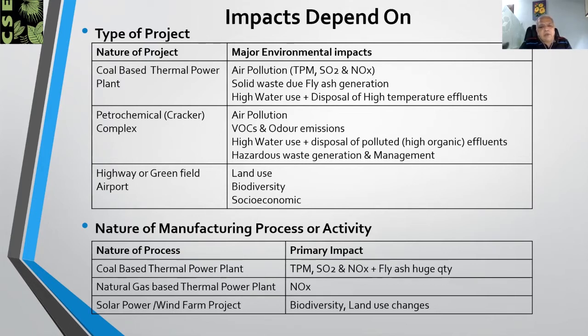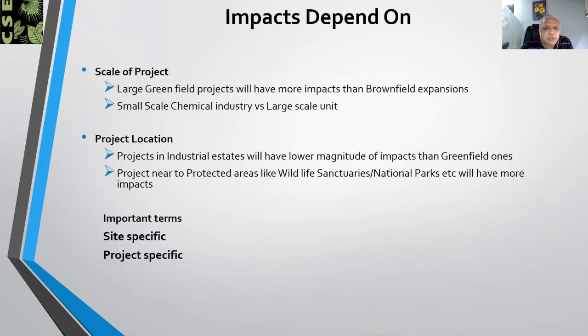Similarly, if you have a solar power or a wind farm project, the impacts in those cases are more on the biodiversity and the land use, rather than on air pollution or solid waste generation. Thus, the environmental impacts depend upon the type of project and the nature of the manufacturing process which is carried out.